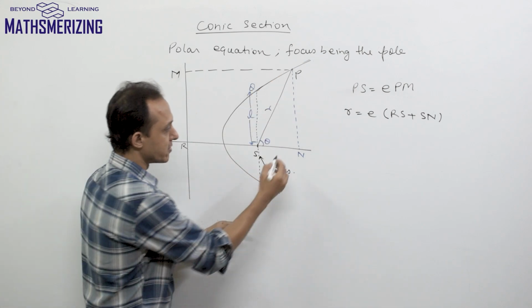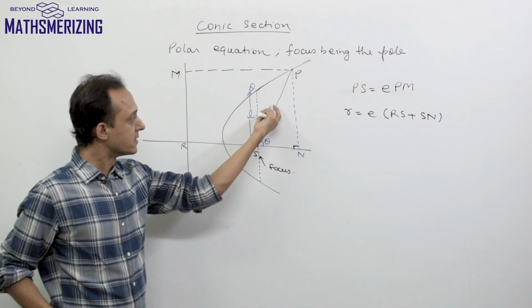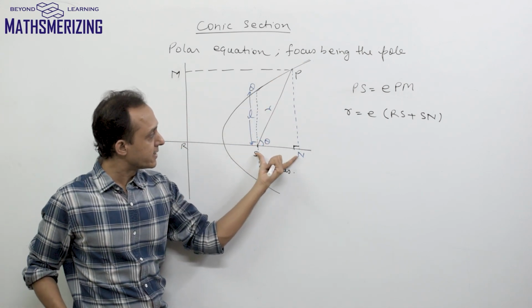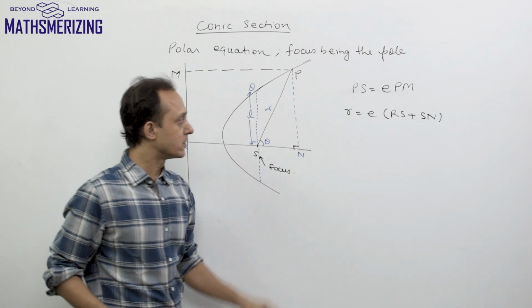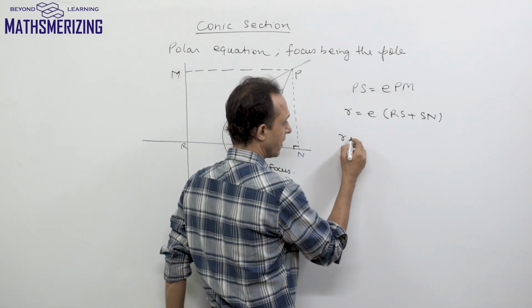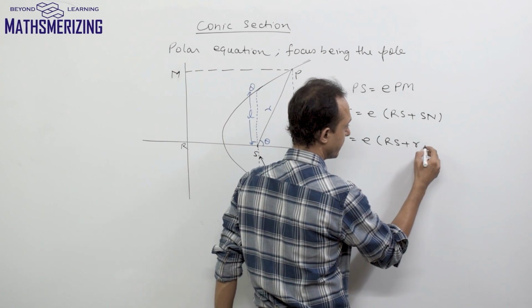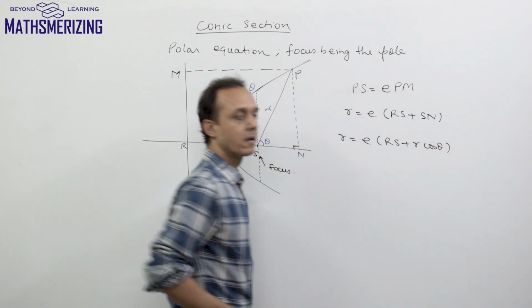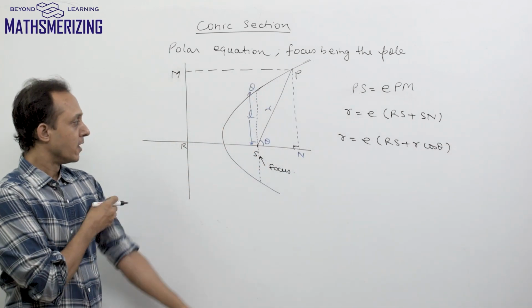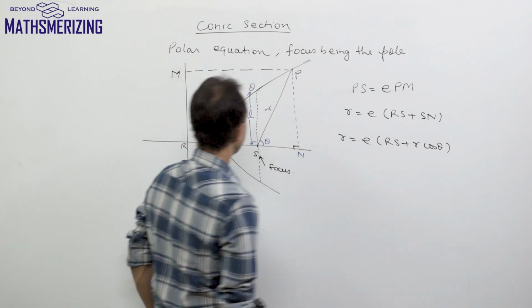Now in this right angle triangle, I know that this is R and this is theta. So this SN is simply R cos theta. So I'll write it as R equals E times RS plus R cos theta.